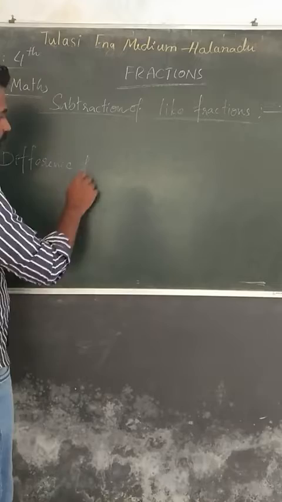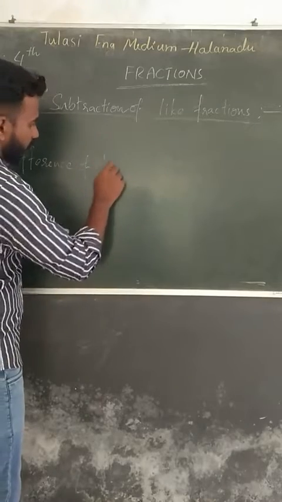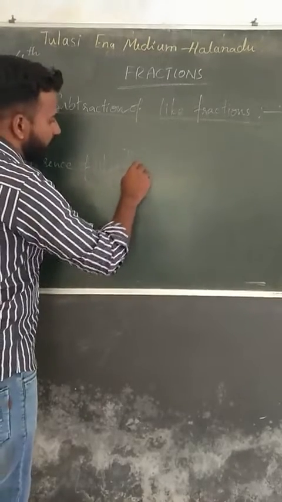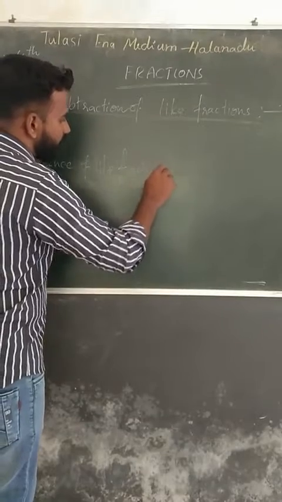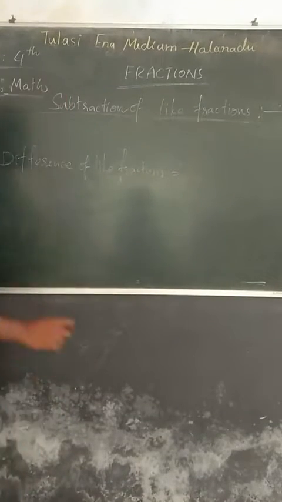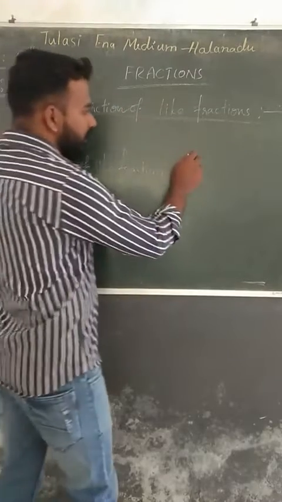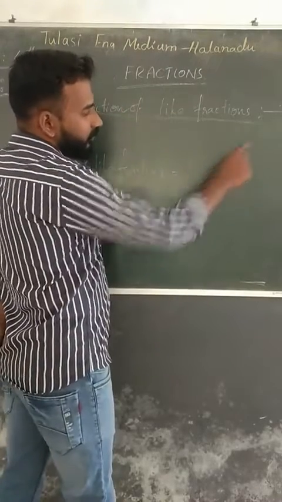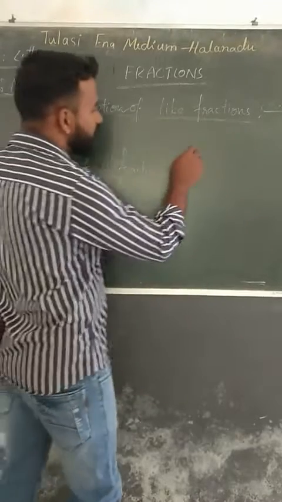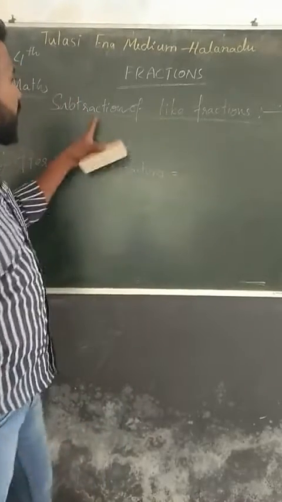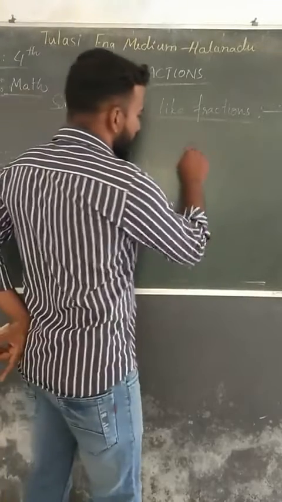Difference of like fractions is equal to, in the addition of like fractions we have to find the sum of numerators, but here we have to find the subtraction, so we have to find the difference.